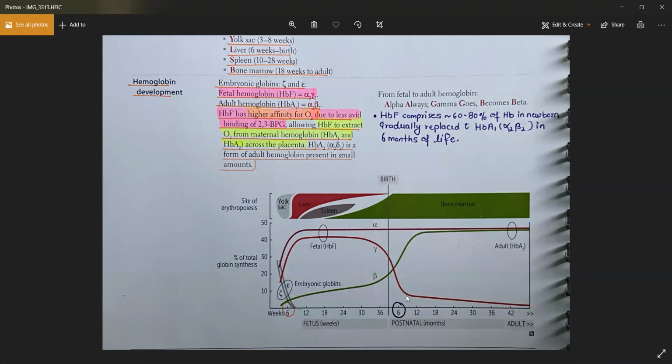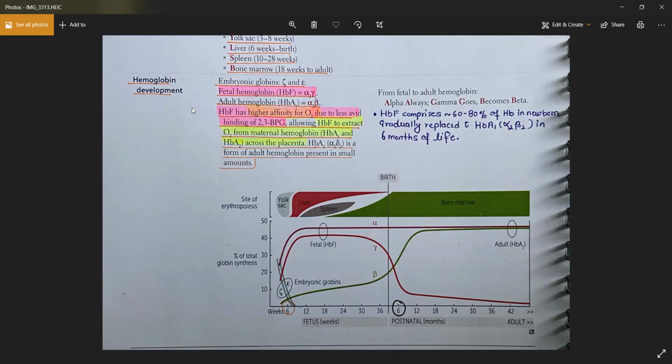And after around 6 weeks or 12 weeks, the levels will be very much decreased. And then comes the beta chain, which at 6 weeks after the birth will take over from the gamma chain, right? And now it becomes the predominant chain in the hemoglobin, alpha 2, beta 2, sorry. Yes. So that was about the hemoglobin development.